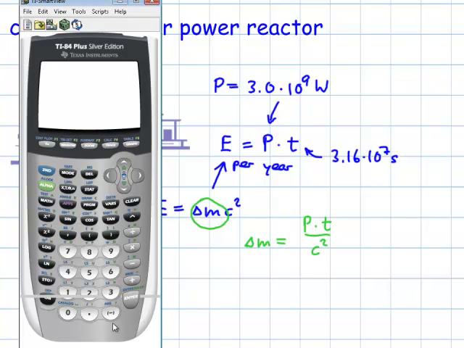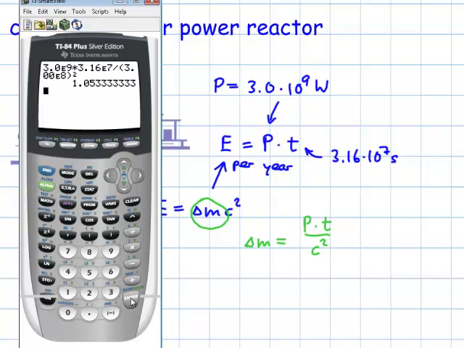I get, let's see, 3.0 times 10 to the 9th times 3.16 times 10 to the 7th. Pretty big numbers here. Divide by 3.00 times 10 to the 8th, squared.